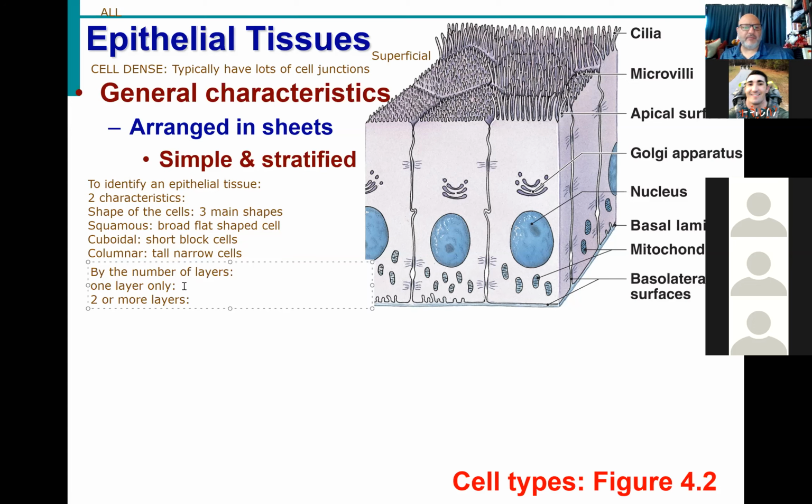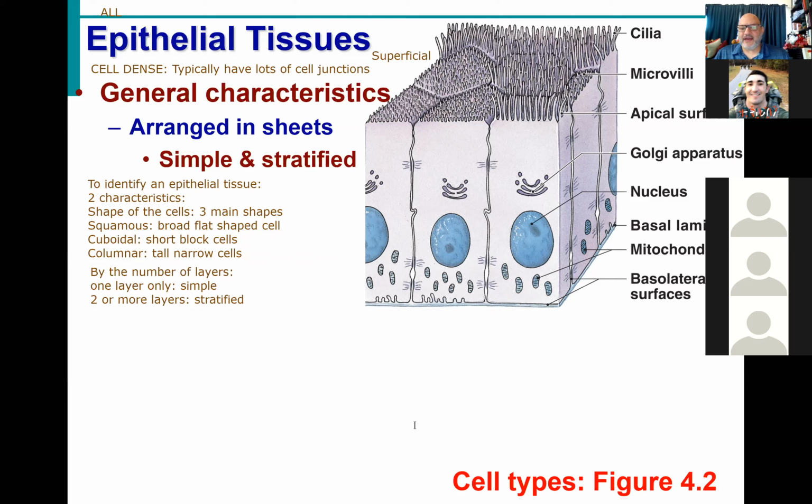If an epithelial tissue is made up of just a single layer of cells, we call it simple. If it has two or more layers, we call it stratified. And with that, you can just mix and match.